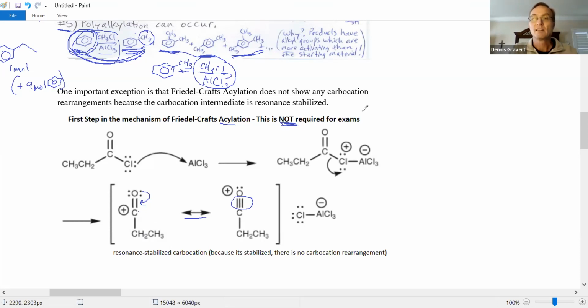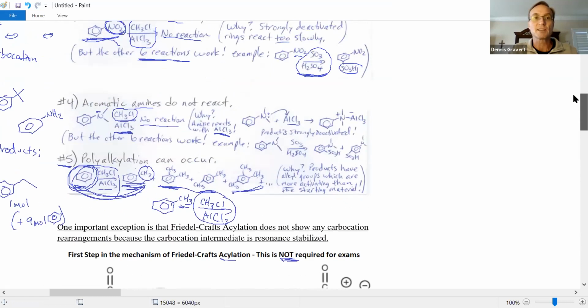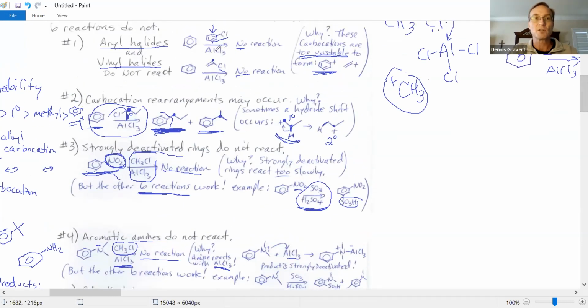Okay, yay. So Friedel-Crafts acylation, the first limitation doesn't apply. Second limitation, rearrangements, doesn't apply. Third one, that still applies. So if you had nitrobenzene again, maybe I'll draw it this way, and you tried to do an acylation reaction on it, there's no reaction.